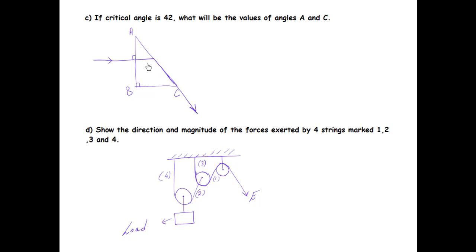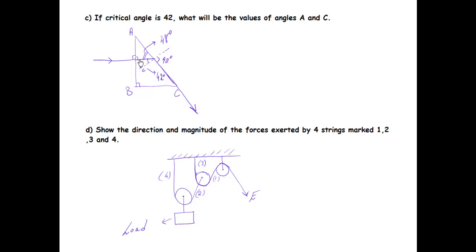In that case, if light has to undergo critical phenomenon here, then the angle of incidence at the hypotenuse should be equal to the critical angle. So basically the angle here should be 42 degrees. As a consequence, we can say that this angle, which is a complementary angle, will be 48 degrees.